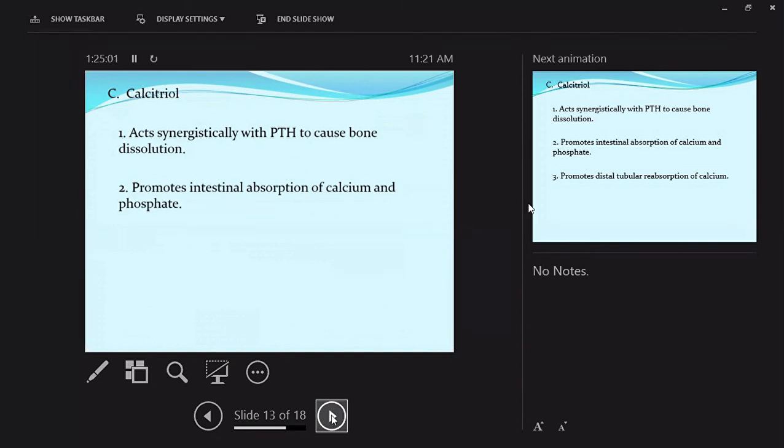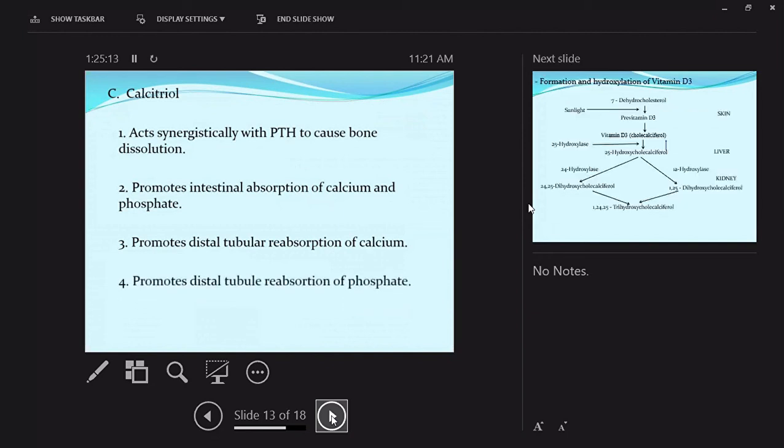How does it promote? It promotes distal tubular reabsorption of calcium and distal tubular reabsorption of phosphate.